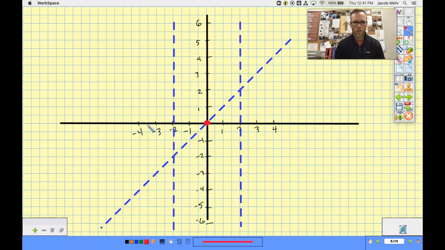So negative 3.46, so right about negative 3.5, and then negative 5.2, probably about there, just to the right of that vertical line. Okay, and then we had positive 2 root 3, about 3.46, positive 5.2, probably right about there.